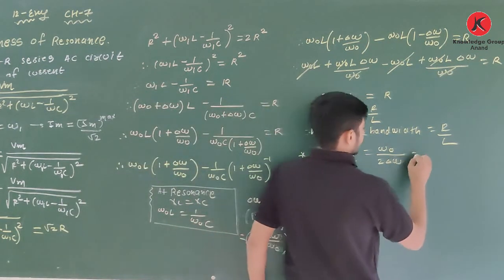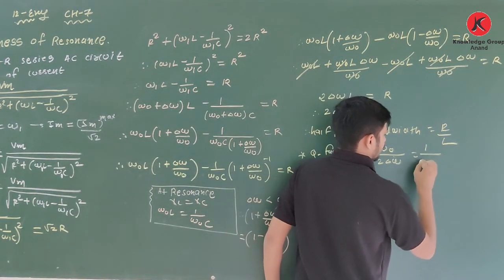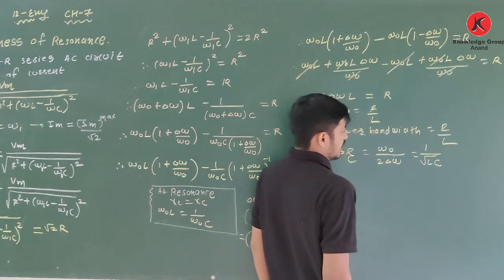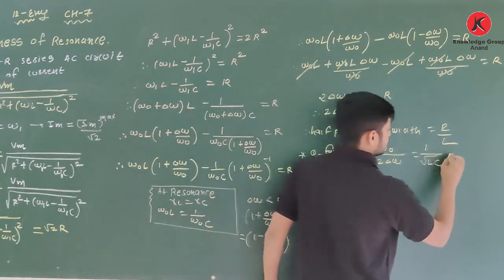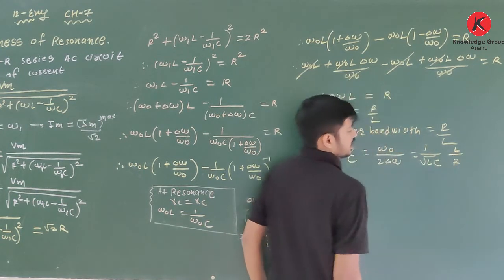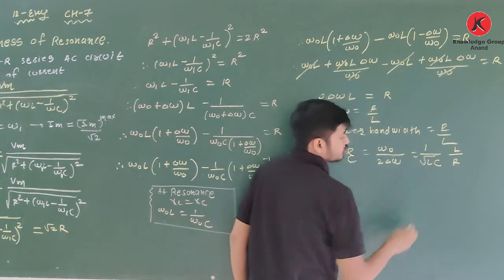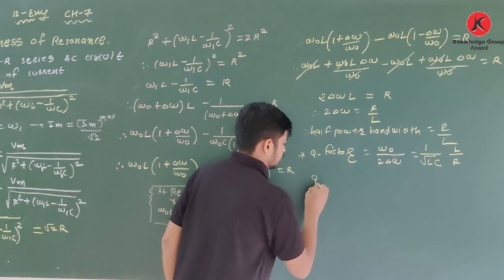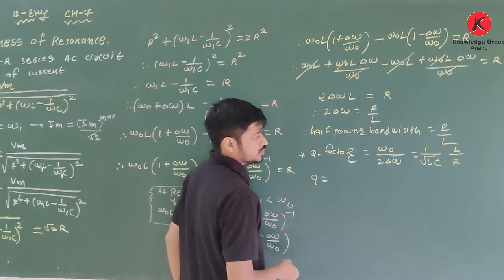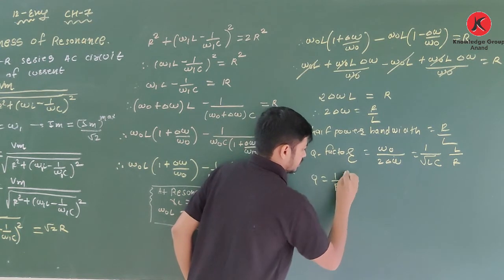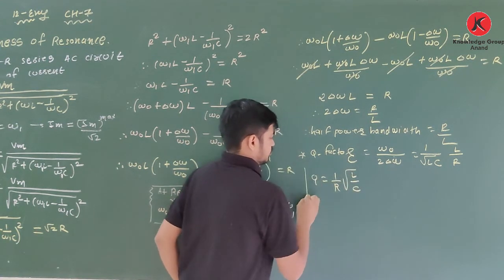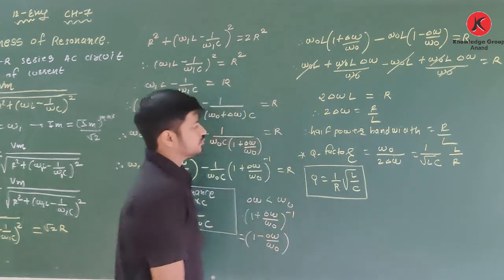Omega 0 is 1 upon under root LC, and 2 delta omega means R upon L. So Q factor Q is equal to 1 upon R under root L upon C. It is the equation of Q factor.